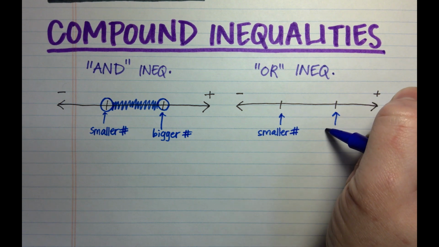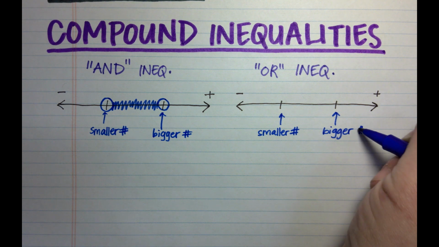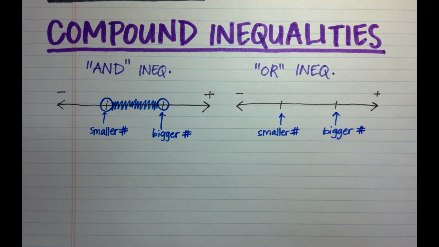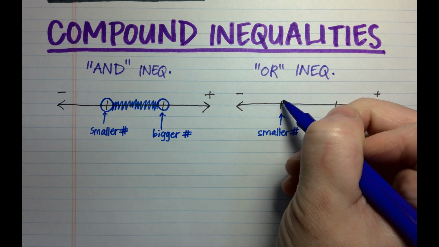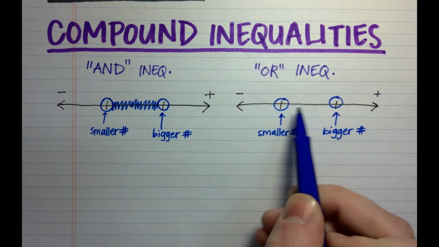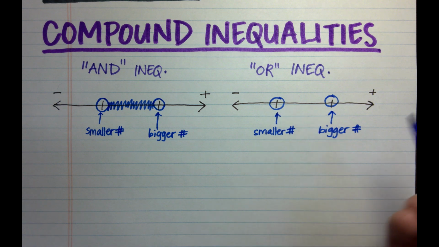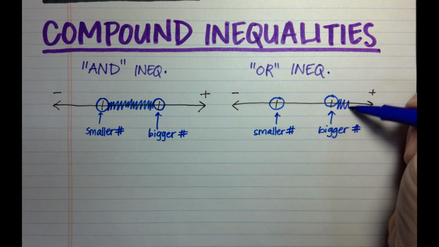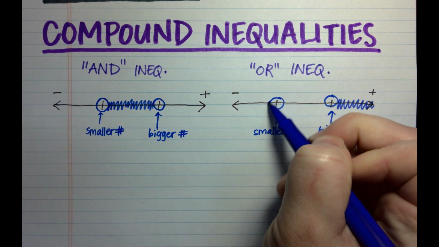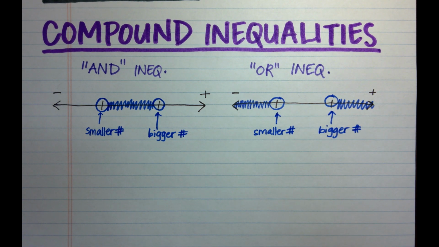Your bigger number still comes second. You'll either have open circles or closed circles. But this time, instead of shading in the middle and between our numbers, we shade outside. Like that.